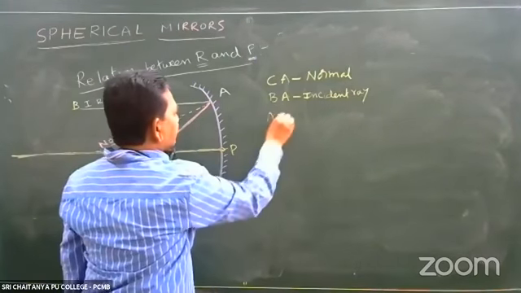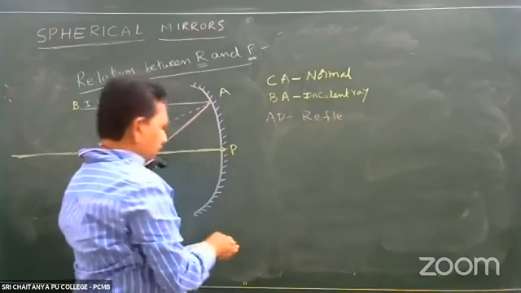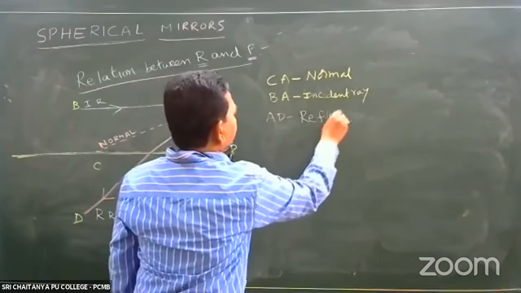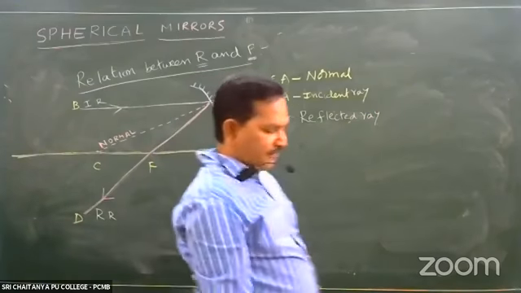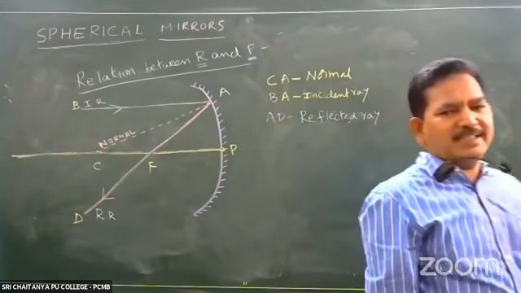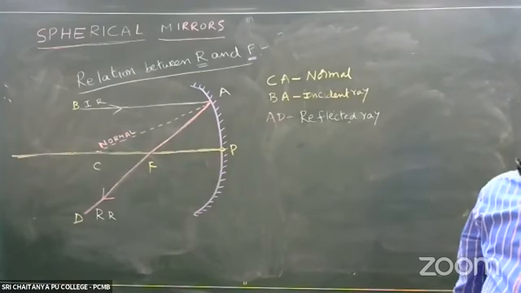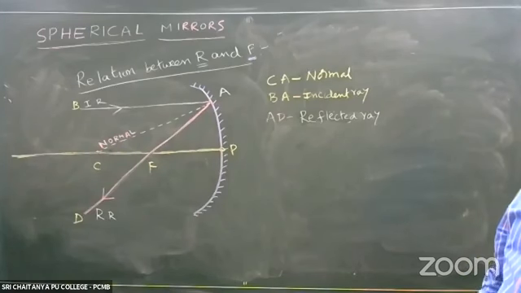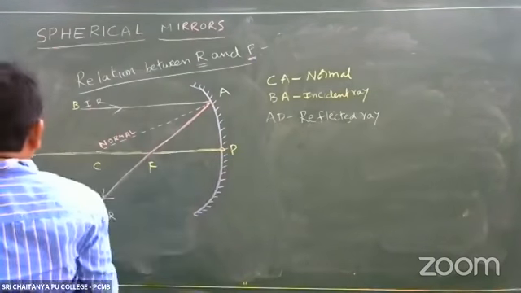AD represents the reflected ray. After the completion of the diagram, there may be slight confusion, so we must follow by drawing the ray diagram itself. That is important in optics. CA represents normal, BA represents incident ray, AD represents the reflected ray.